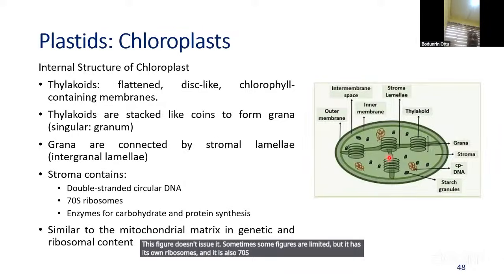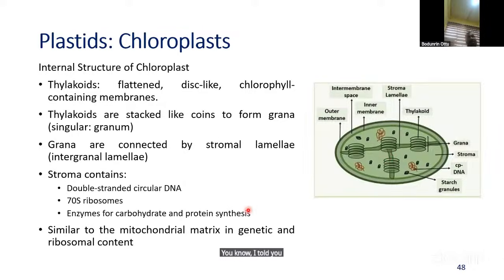Remember, when we talked about bacterial ribosomes, I told you 30S and 50S, but it adds up to 70, not 80. So the chloroplast also has 70S ribosomes present, and it has different enzymes. It also has a starch granule present. And what else? The stroma lamellae.